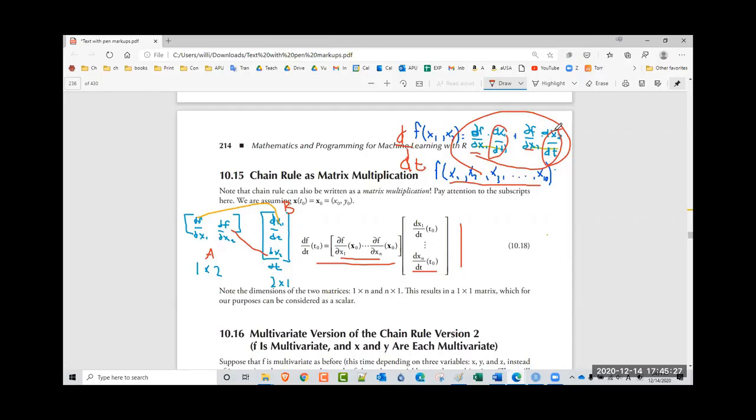And now we can say that the chain rule can be expressed as a matrix product, right? Which is quite nice. The whole chain rule, this very complicated mess, is just going to be the product of two matrices. So that's a nice result.